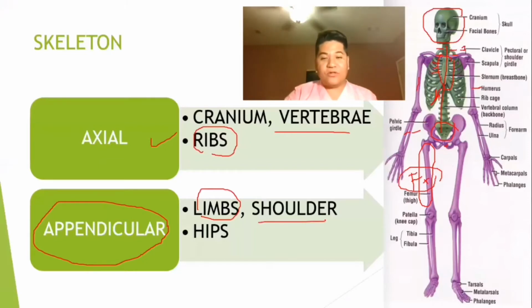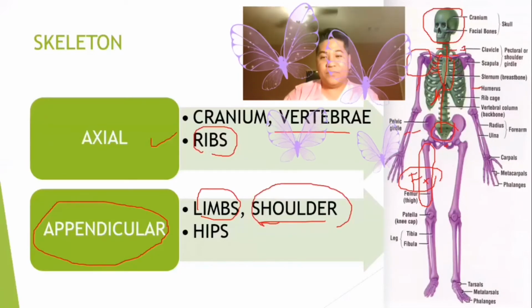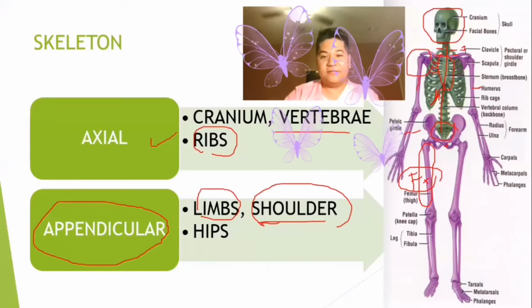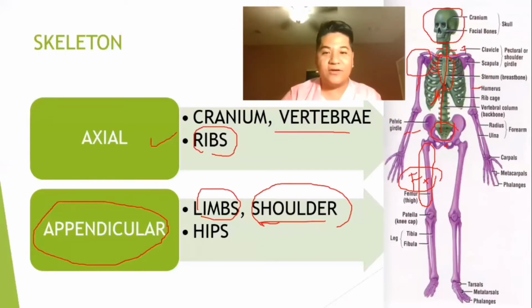The shoulder includes your shoulder blades, your clavicle, and then your sternum. Commonly fractured is the clavicle, in a runner or a football player. Athletes like in volleyball and basketball commonly have shoulder dislocations.